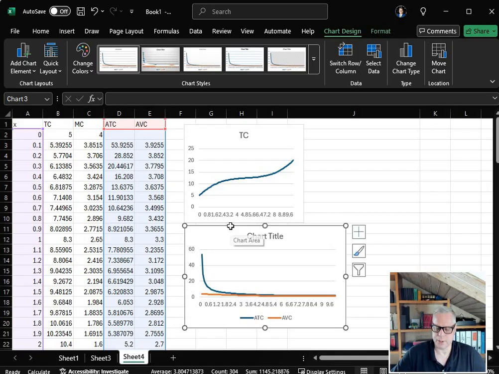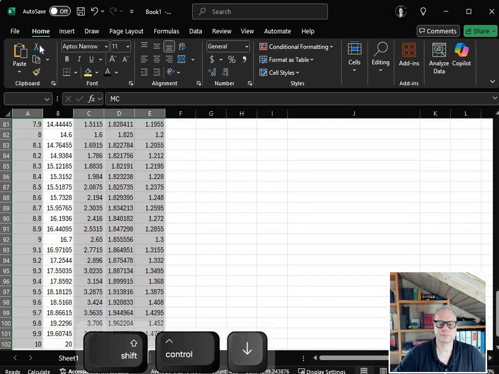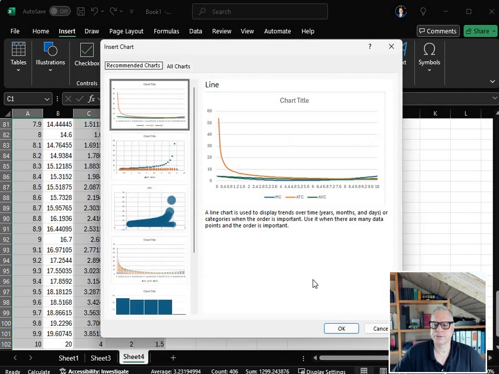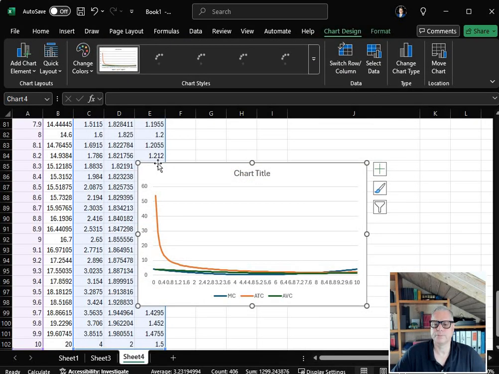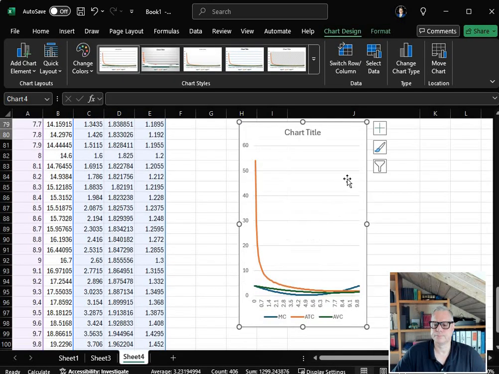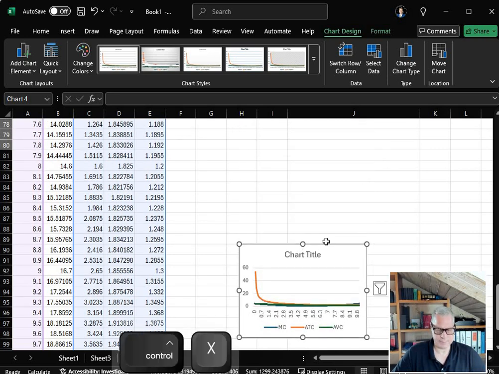Oh, I forgot marginal cost. Insert recommended charts. Okay, let's take this one here. So that doesn't really fully look right yet.